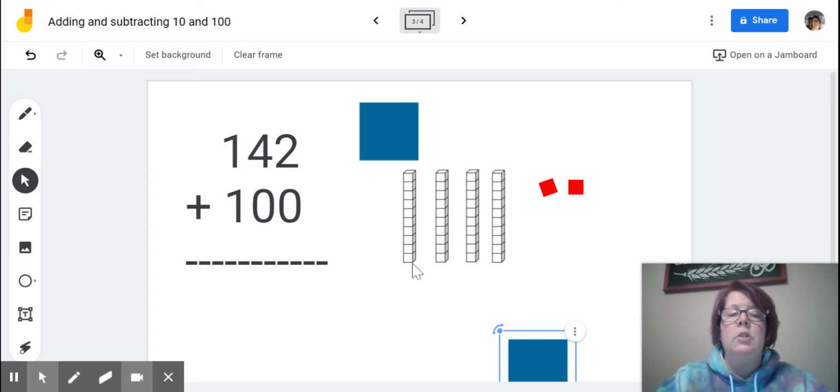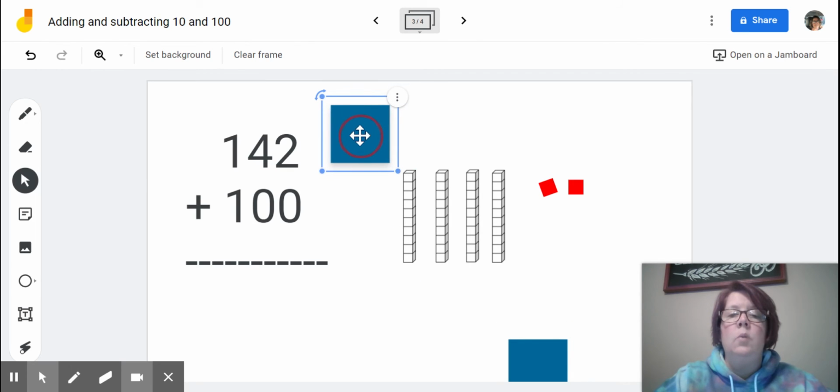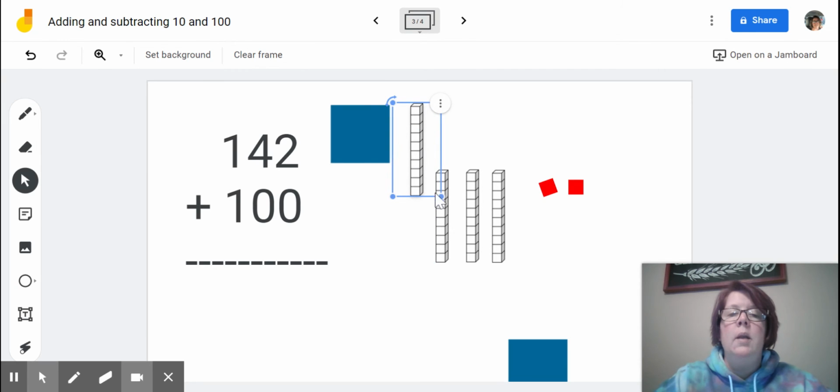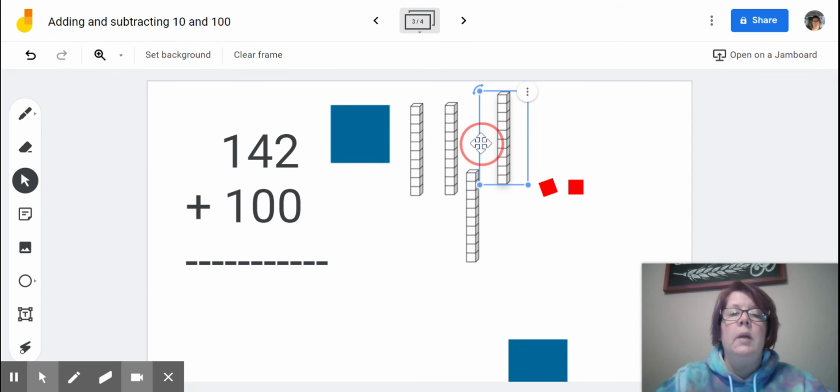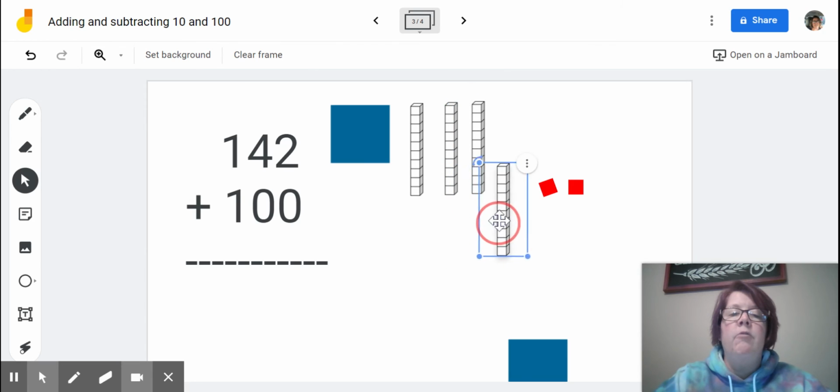We're going to bring it back in just a minute. Our number is 142. So there's 1, 2, 3, and 4 10 sticks, and 2 1 cubes.